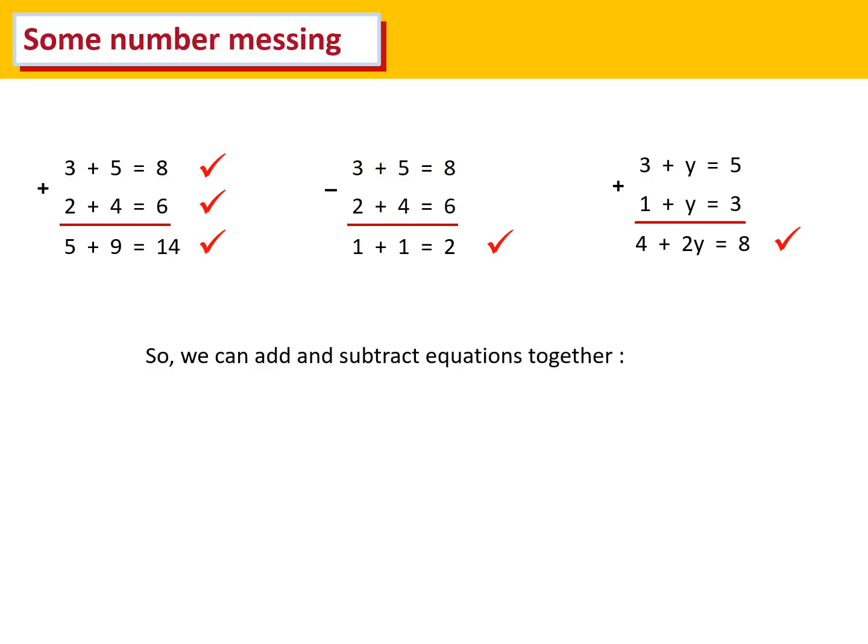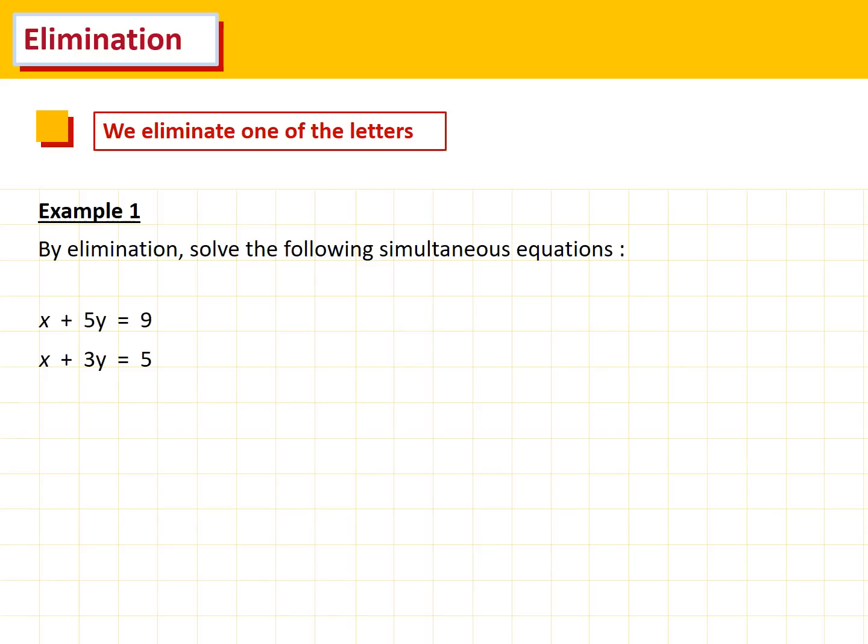So let's apply this to two simultaneous equations. Straight into example 1 then. The first thing we do, let's number the equations 1 and 2 so we know what we're talking about. In order to eliminate one of the letters, we need the same number of a particular letter. Now, in this example, we've got 1x and 1x, and we've got 5y and 3y.